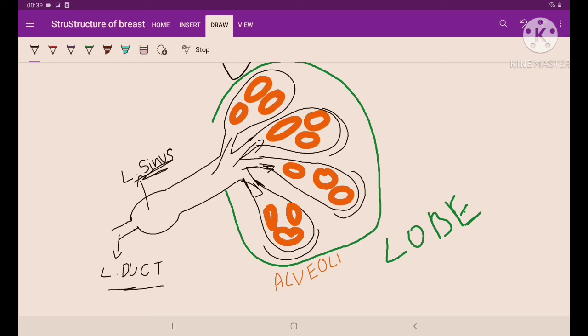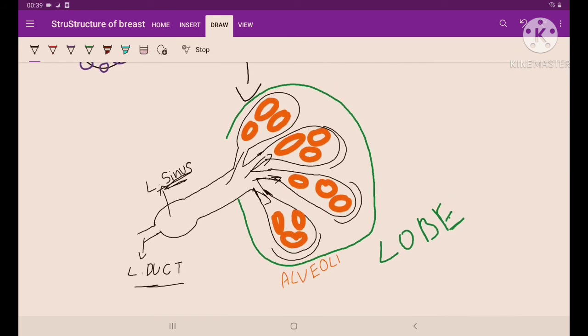Lobules contain alveoli. Alveoli are the secretory parts of the breast. All those alveoli and lobules come together and form a lobe. This is the lobe, guys. Whatever milk comes, it comes from here into the lactiferous sinus to the lactiferous duct, and around 15 to 20 lactiferous ducts converge at the nipple areolar complex, and the milk is ejected through the nipple.